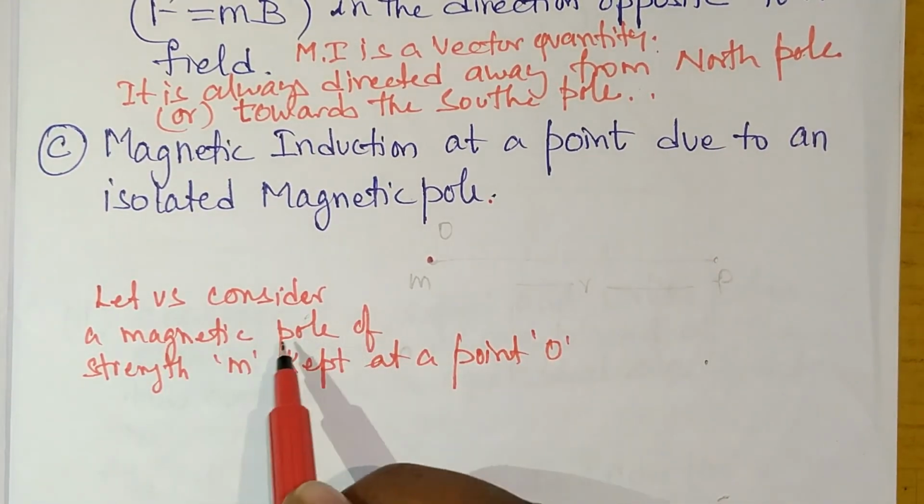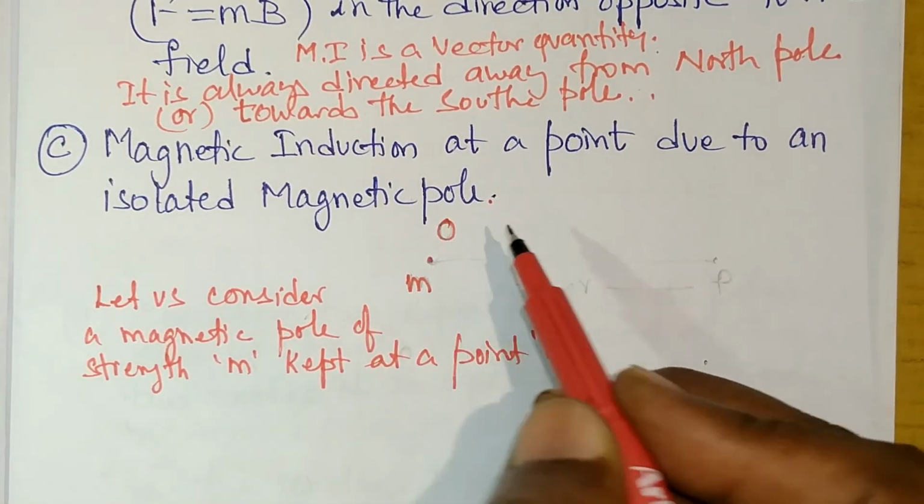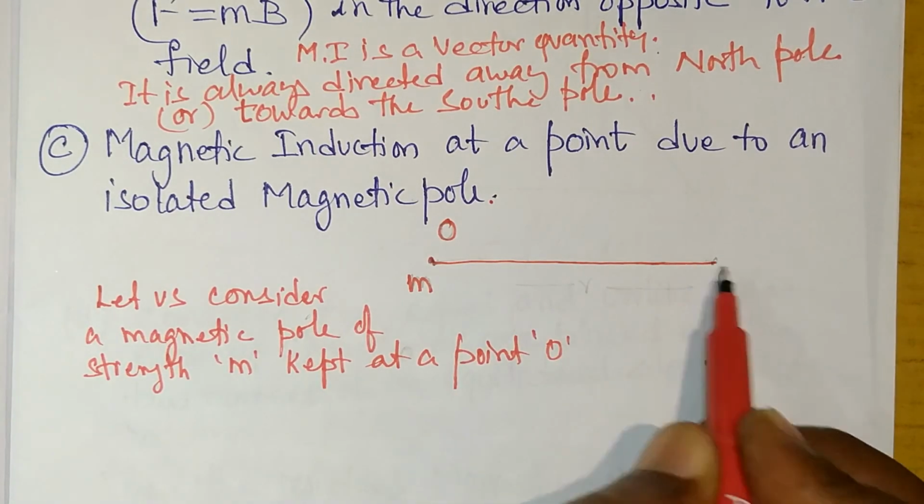Let us consider a magnetic pole of strength M kept at a point what? O. Now let us consider a point P.